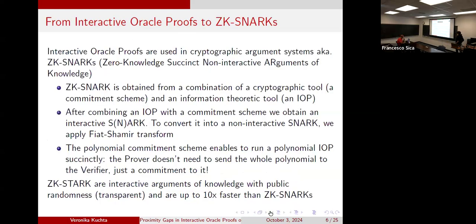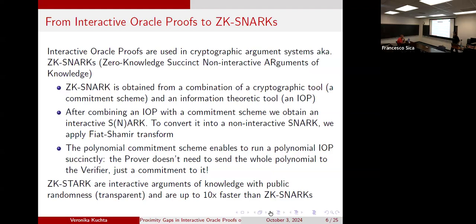And here I want to briefly talk about the connection of these information theoretical proof systems to cryptographic proof systems, which are the argument systems. Right? So those interactive Oracle proofs are very widely used nowadays in cryptographic argument systems.